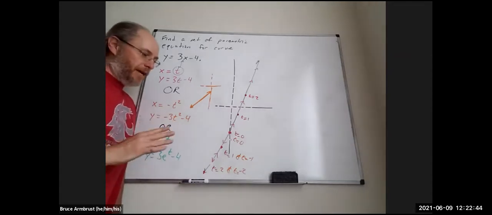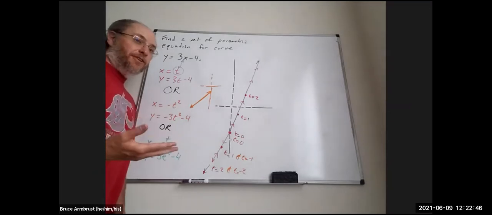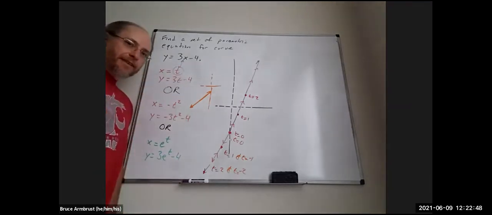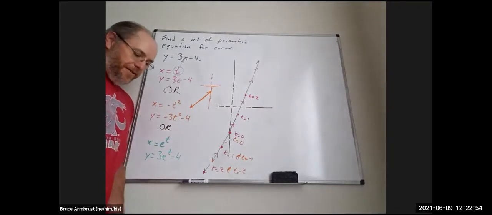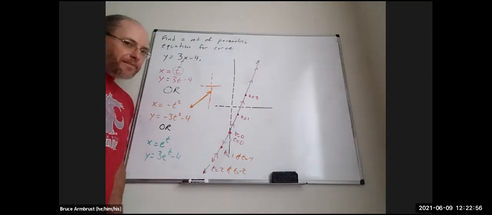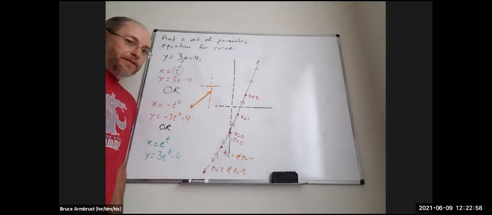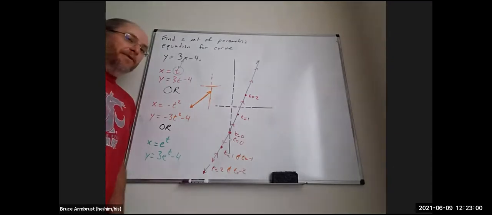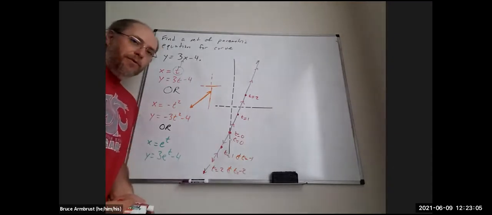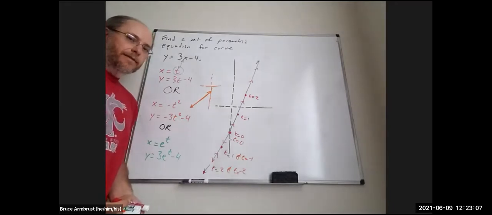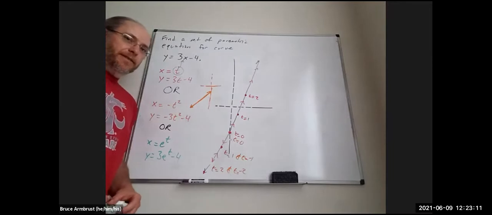So just be careful with how you parameterize. But in general, all you've got to do is pick your favorite thing for x and then plug that in for y. All right, so those are parametric equations. It's really just that now we're describing the path and how we're moving on the path. So there's more information. That's what the parameter does, it gives us that information.